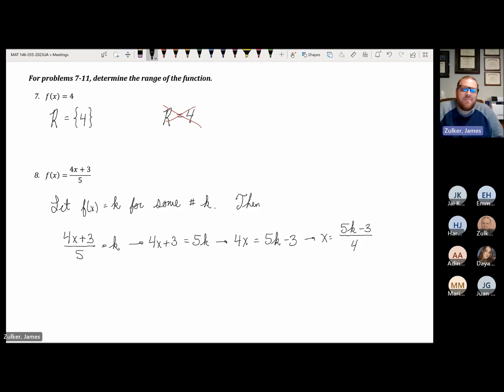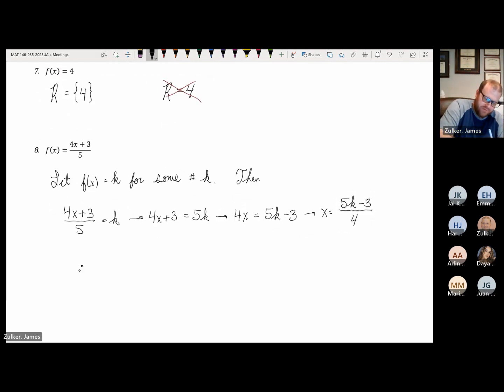That means x is (5k minus 3) divided by 4. Look at that and ask, are there any values here that k cannot be? The answer is no. It can be anything, so your range is all real numbers, or in interval notation, negative infinity to positive infinity.